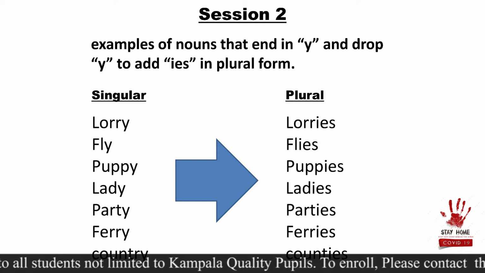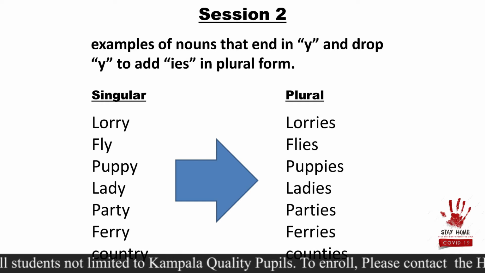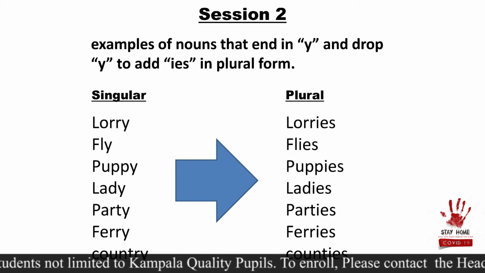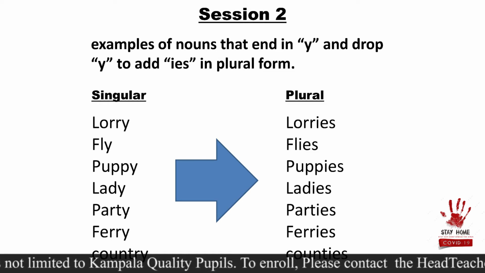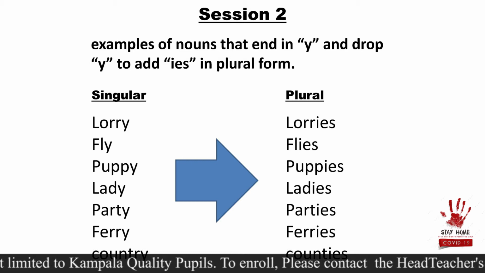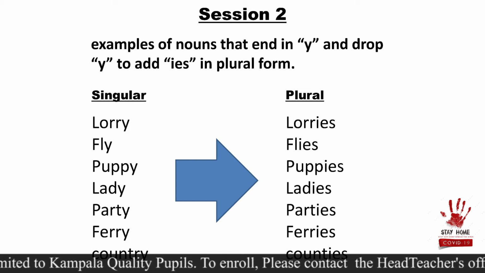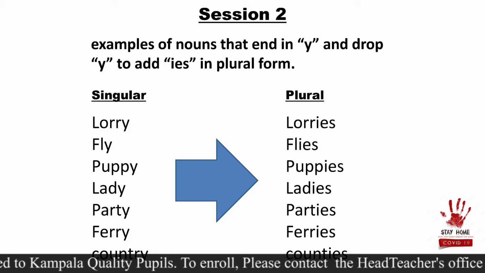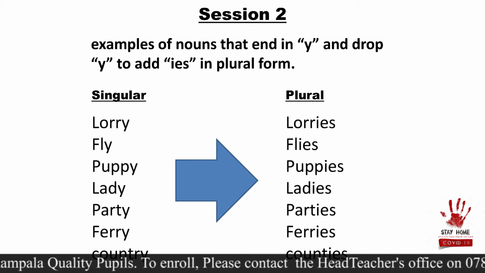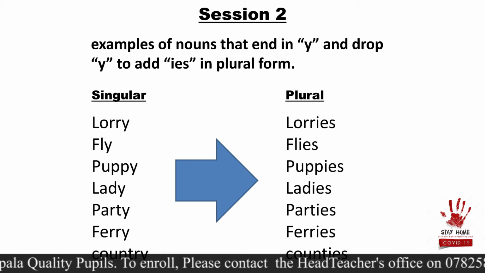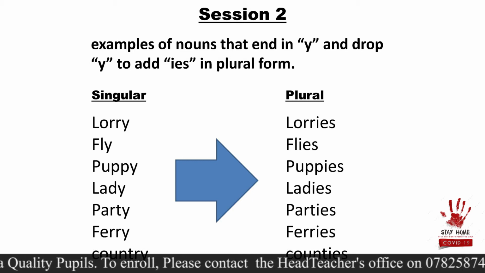Look at lorry. I'm sure you've ever seen a lorry. It ends with Y, but the next letter is a consonant. That consonant is going to make Y go away. It will chase away Y. Then instead of Y, we shall put I-E-S, like plural.